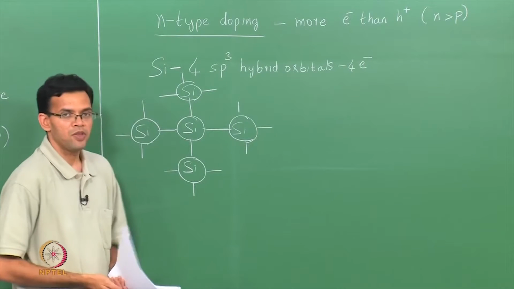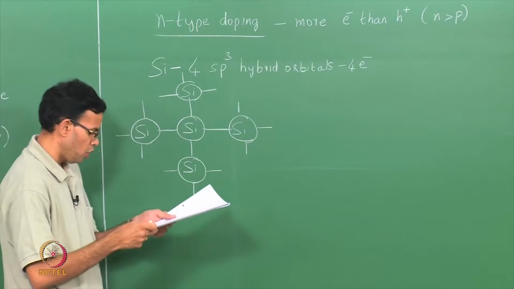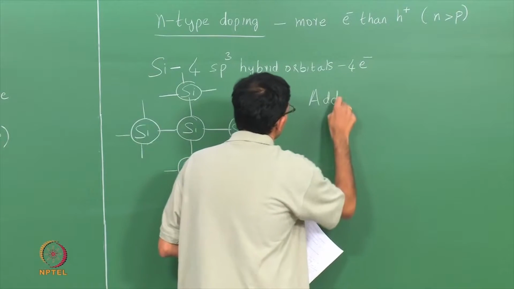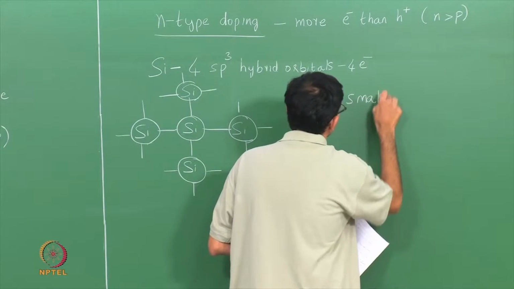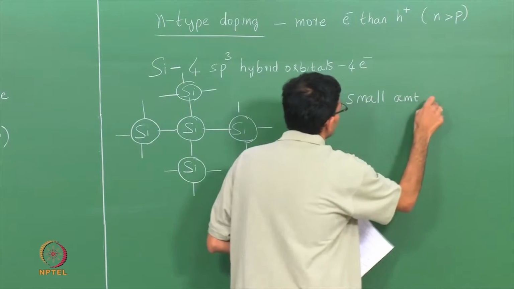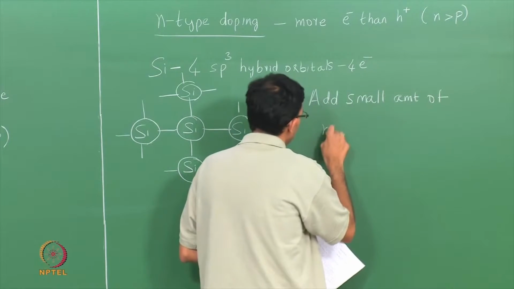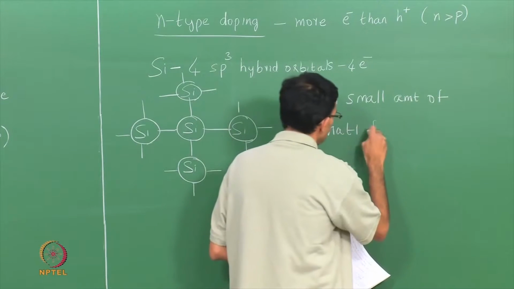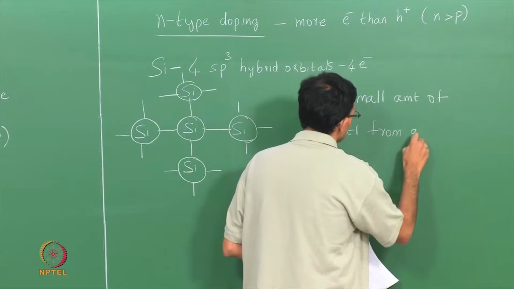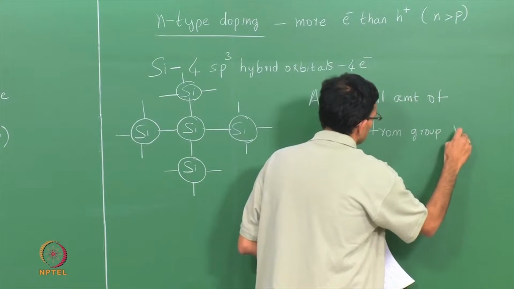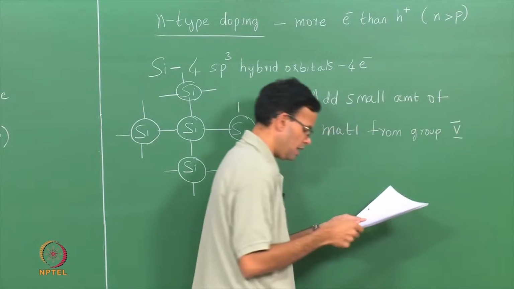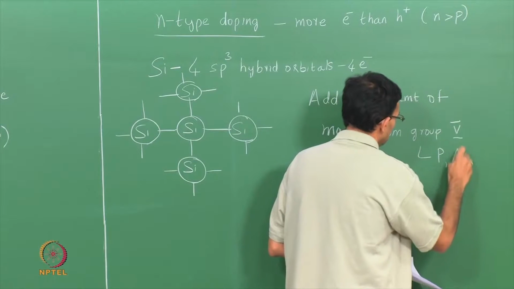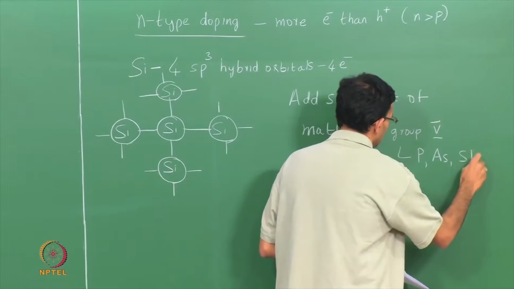Now, let us say we add a small amount of a pentavalent material, that is, a material from group V. Examples of such material could be phosphorus, arsenic, antimony.